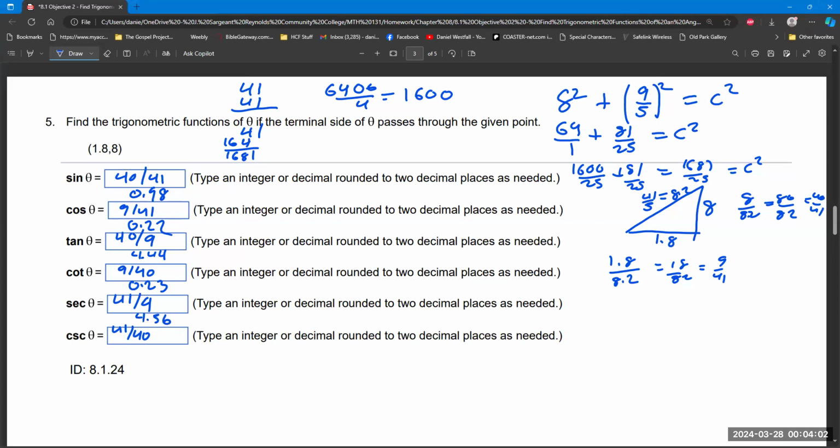And 41 over 40 is 1.03. So there's your decimal approximations that they want to fill in the boxes with. I put the fractions in the boxes because those are exact answers. I think that's everything. Yes, it is.